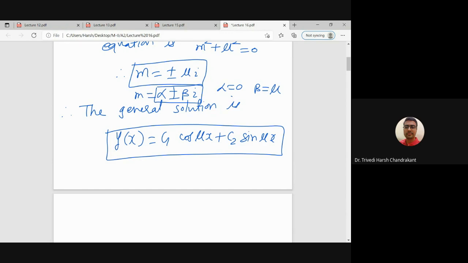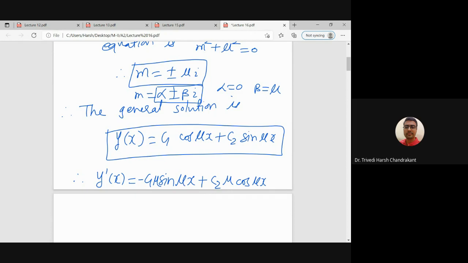So for boundary condition, we need to first find the derivative of these. Derivative, we know that the derivative of cosine function is minus sine function, and the derivative of mu x is, the mu will come out, and plus c2 times derivative of sine x is cos x function.